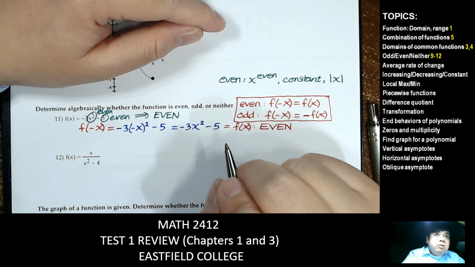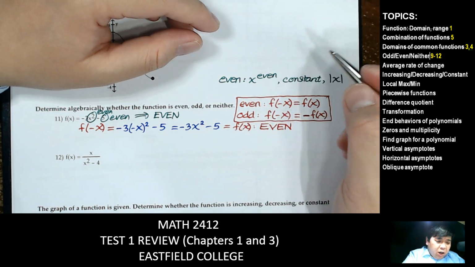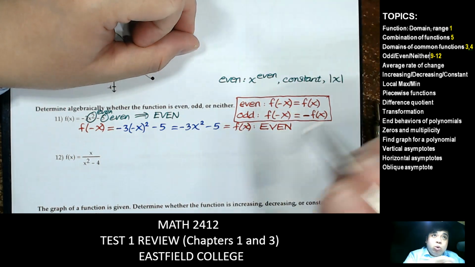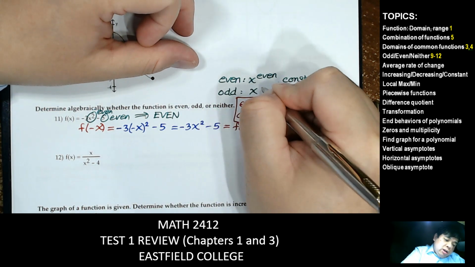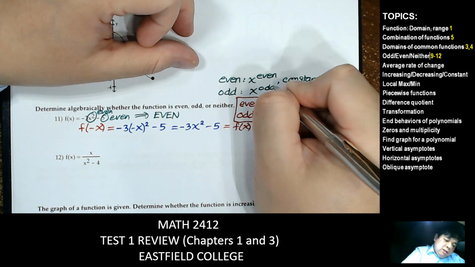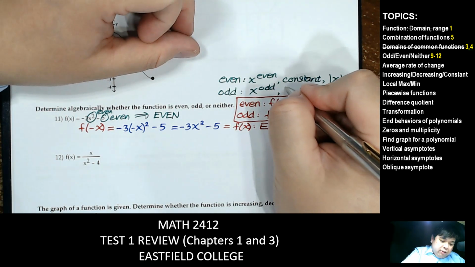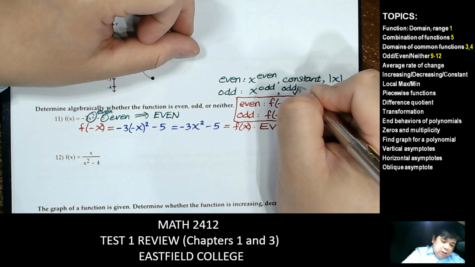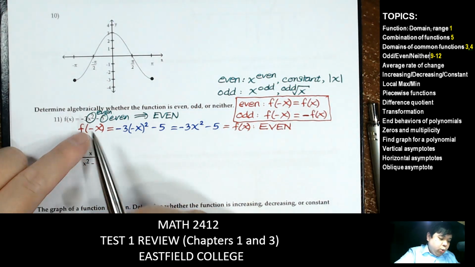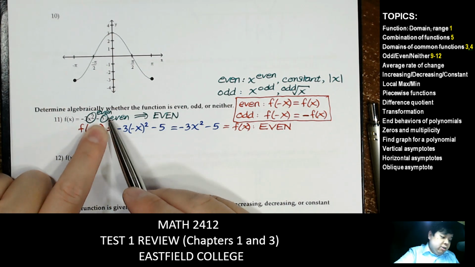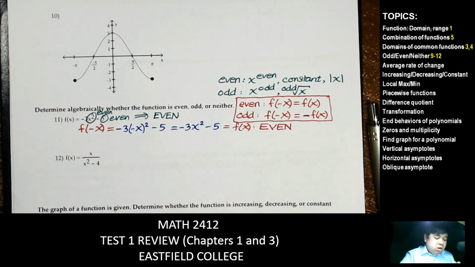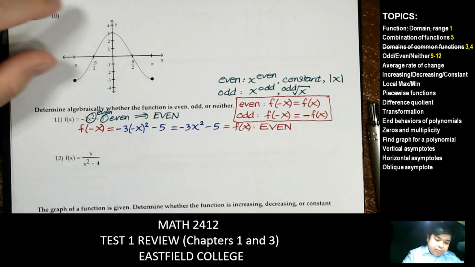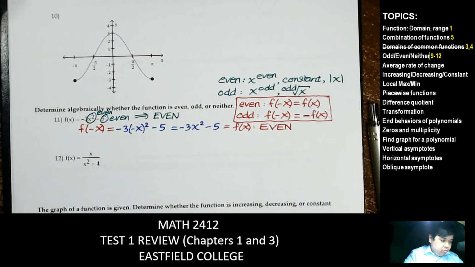Those things are even. Of course, there will be some of the trigonometric functions, but we'll talk about that later. And then odd will be x to the odd power, or we have an odd root of x. So we have an even power, so that is even. A constant is even. Even and even, that will be even. When they subtract each other, it's still even. Right. But of course, the definition certainly works.